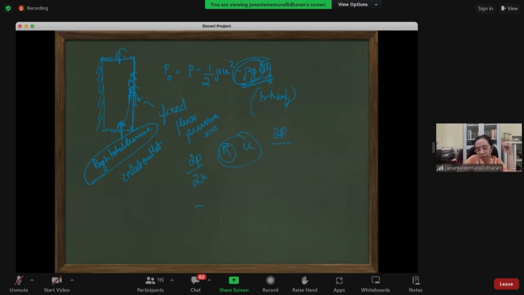It's not as strong as dp by dx equal to 0, not a zero gradient. You're going to adjust the gradient according to a u that is going to come in. So these are very flexible boundary conditions where you don't know what is coming in and what is going out of your domain.